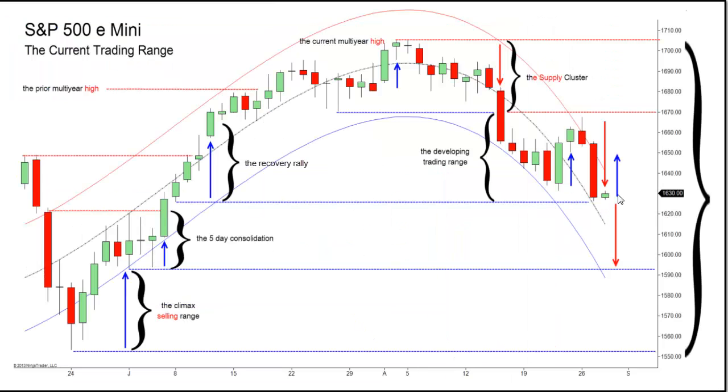In the event the selling pressure intensifies and the S&P breaches support down at 1620, the 5-day consolidation range affords another support level down at or near 1600, 1590.